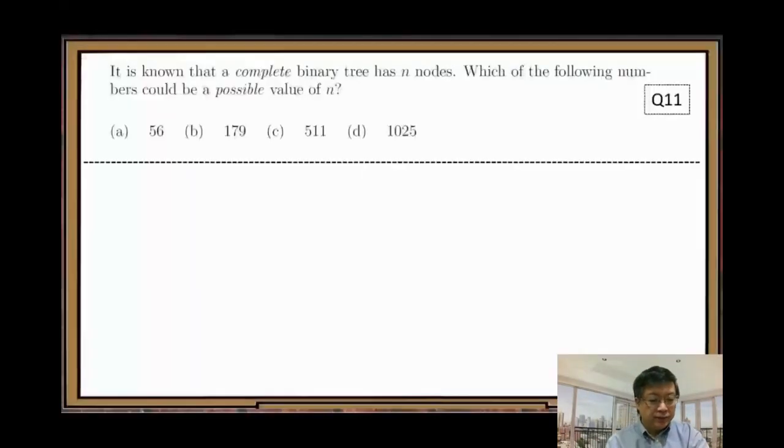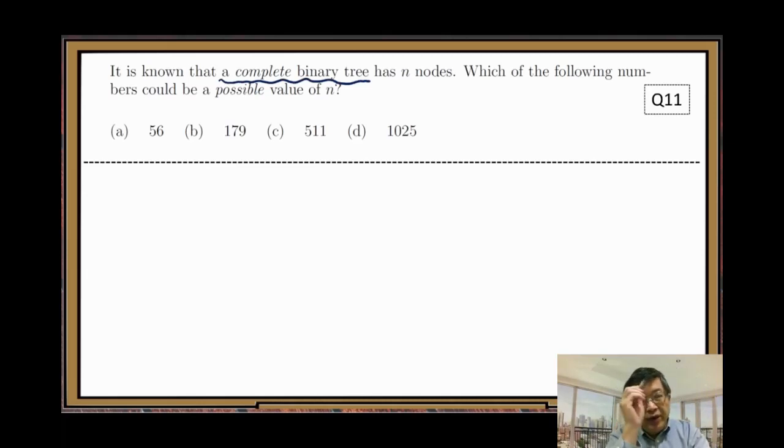All right, so number 11, it is known that a complete binary tree has n nodes. Which of the following numbers could be a possible value of n? Now, here, the given condition is complete binary tree.